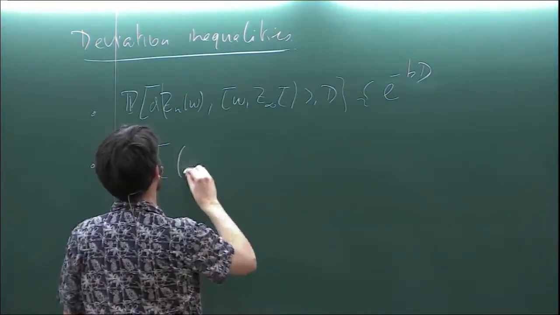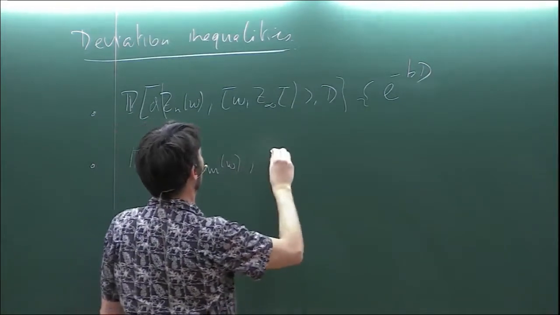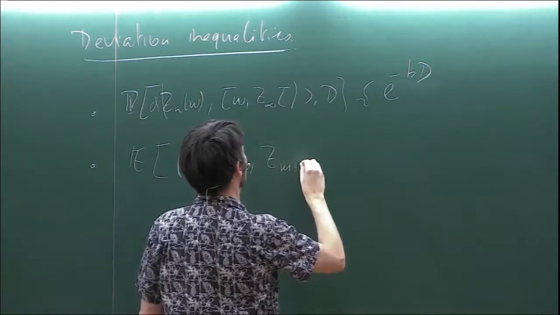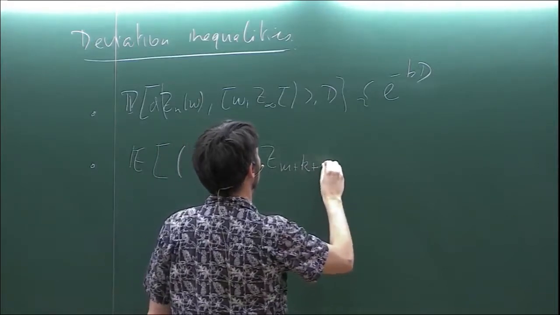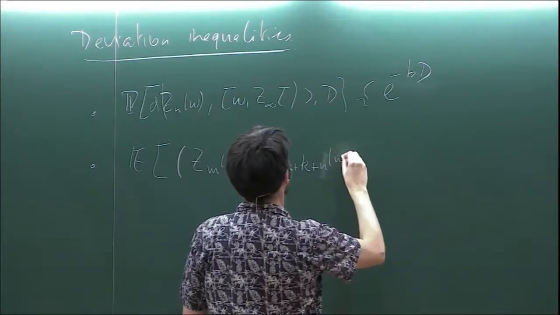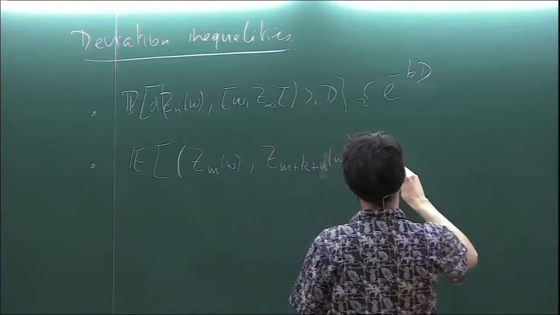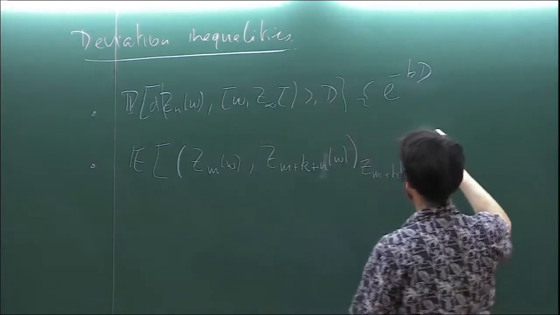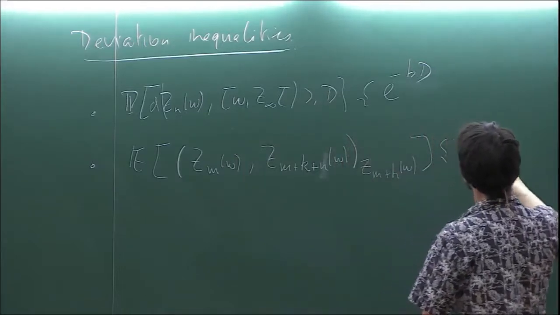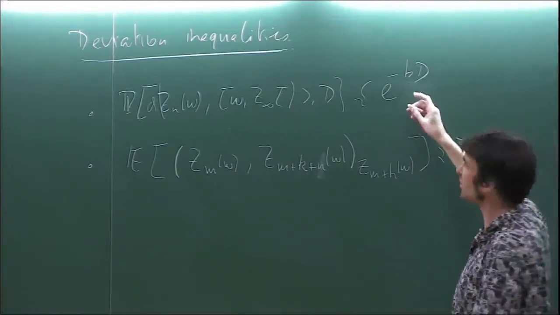So if I look at the Gromov product of Zm of W and Zm plus K plus L of W seen at Zm plus K of W, this is bounded by some uniform constant B, a positive constant.